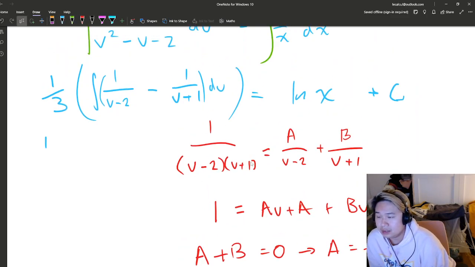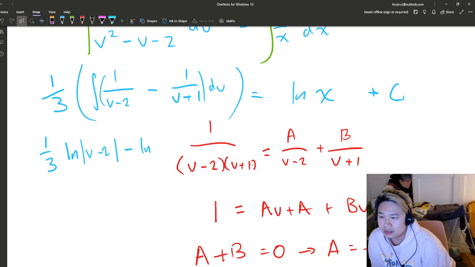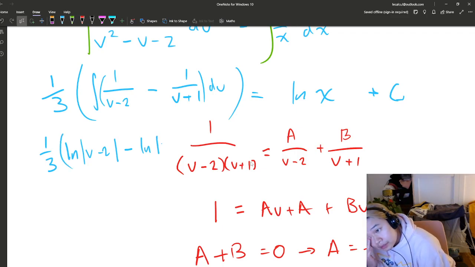Okay, so this is 1/3 natural log of V minus 2 minus natural log of V plus 1.